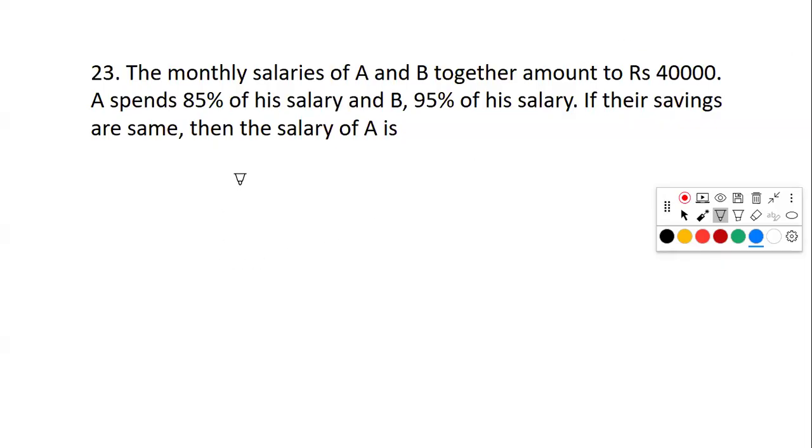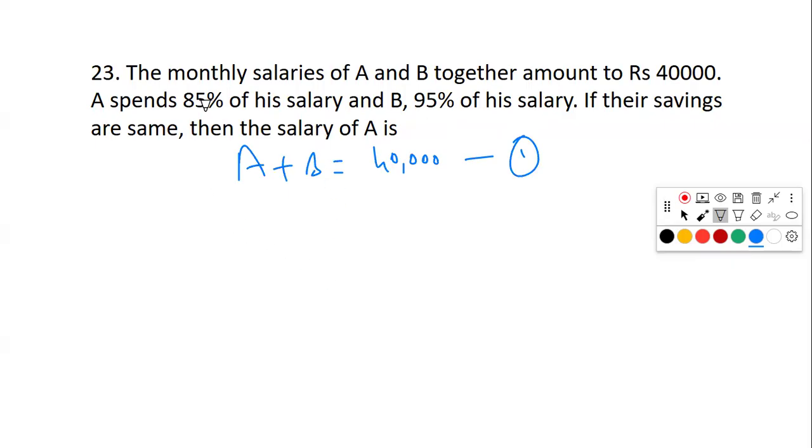So A plus B, first equation: both of them put together is 40,000, equation number 1. Monthly salaries together amount to 40,000. And A spends 85% of his salary and B spends 95%, their savings are the same.